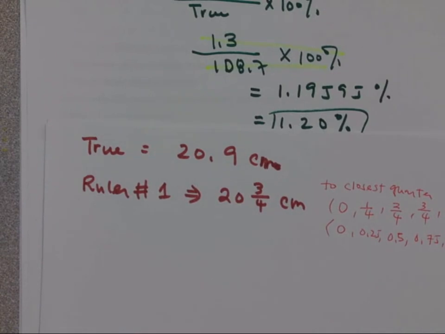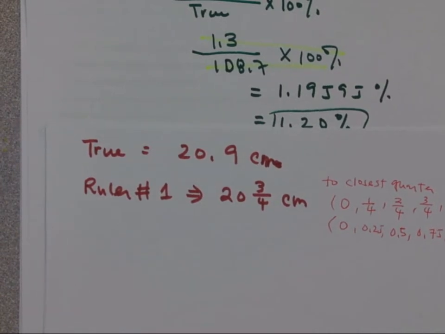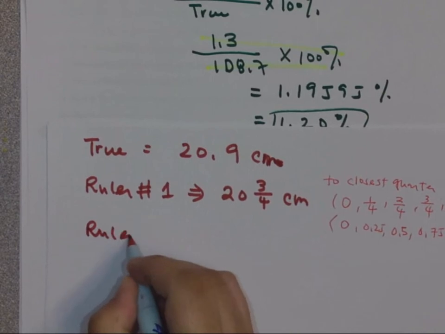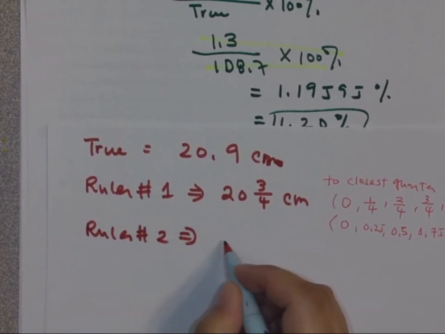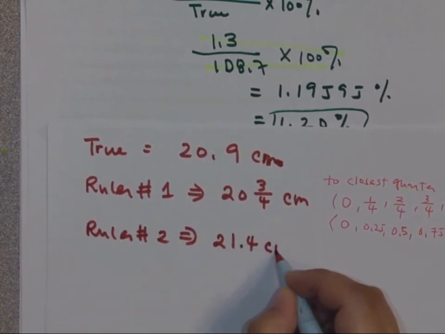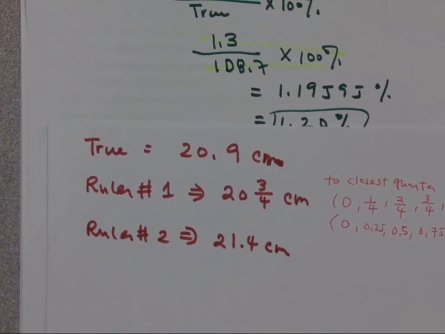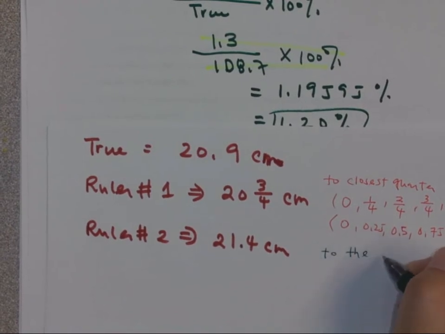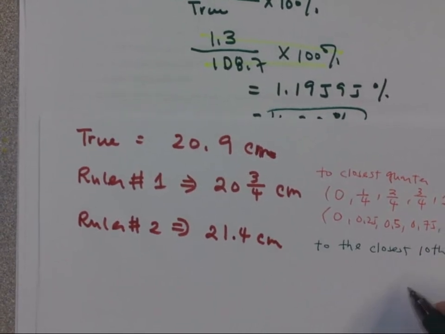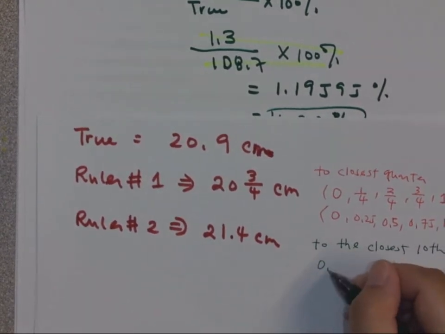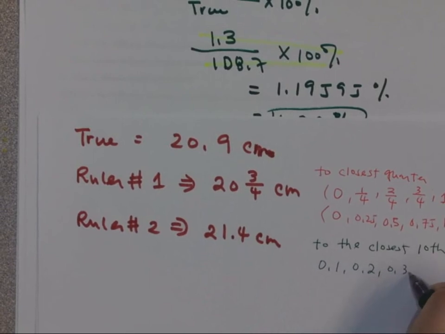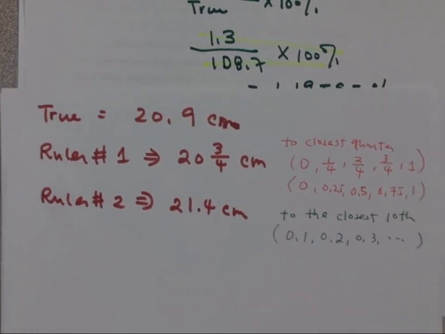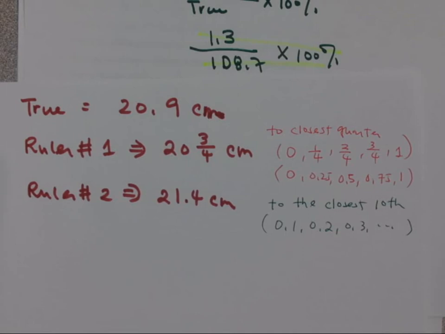Ruler number 2, say the measurement is 21.4 centimeters. By the way, ruler number 2 measures to the closest tenth, which is 0.1, 0.2, 0.3, etc. Are we okay with that? So if that's the case, which one is more accurate?